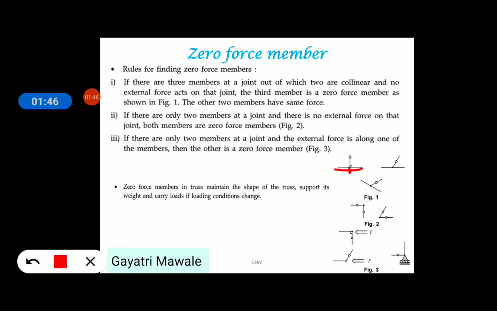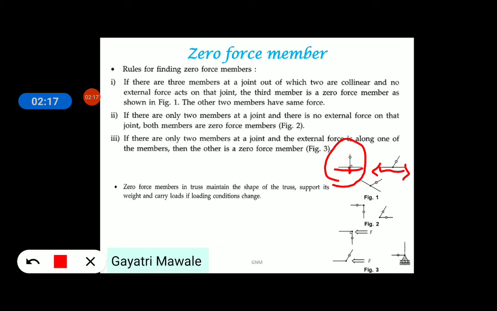In the second diagram of figure 1, the two forces which are collinear are horizontal forces. One force in this direction, the other force in this direction. And there is no external force acting here. So the third member is a zero force member. This first is called a T member, a T-shaped member, and these are also T-shaped members because the three forces are coming here.